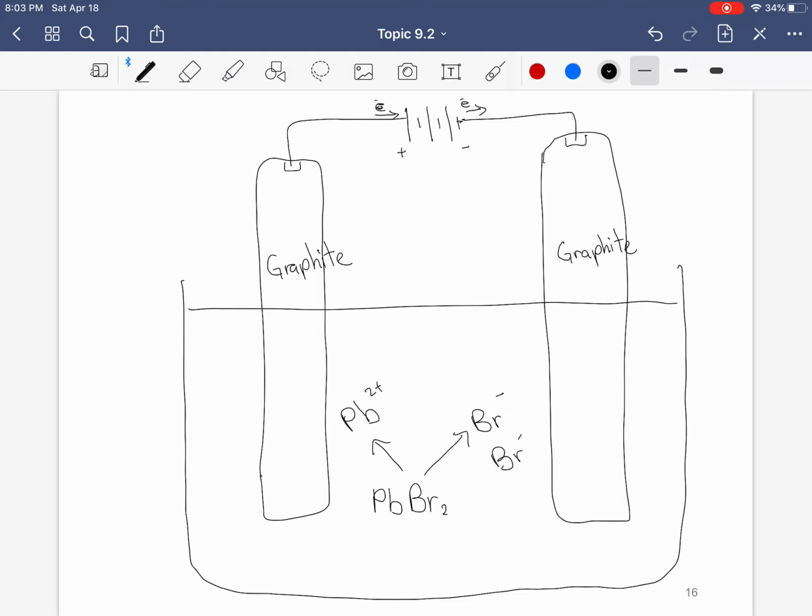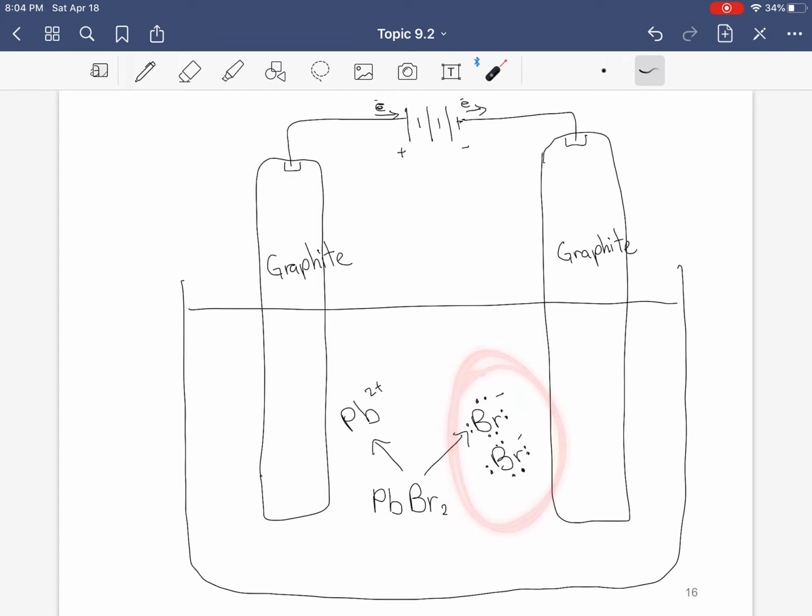There should be 2 of them. Okay. It's very important that you put 2 of them together. Why? Because of this. Let me draw its valence electrons. So PbBr2 would dissociate to give you 1 Pb and 2 Br.